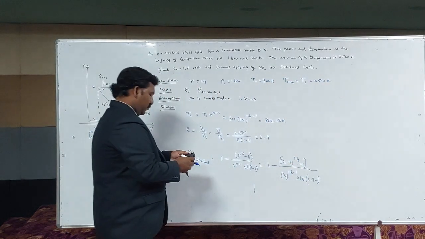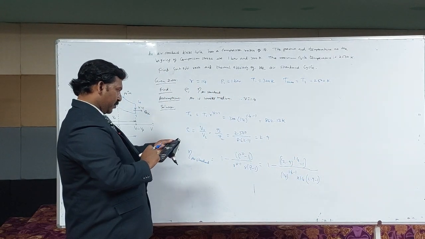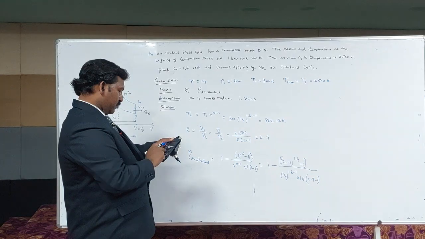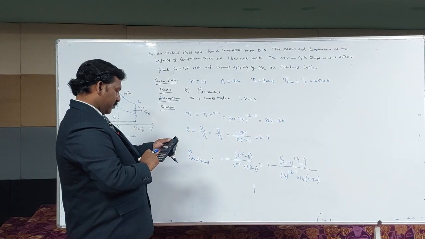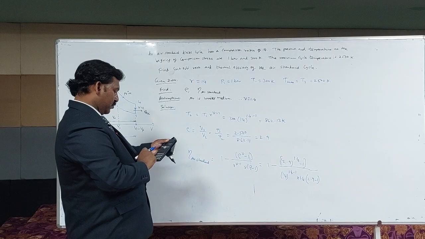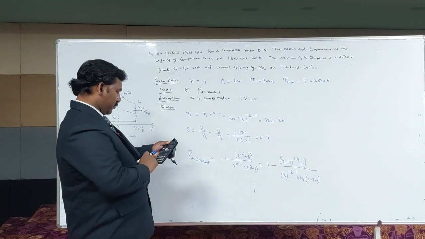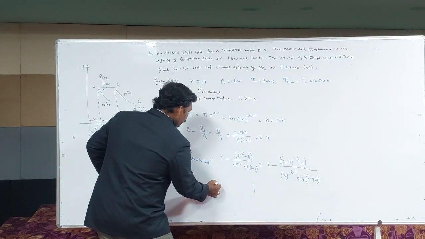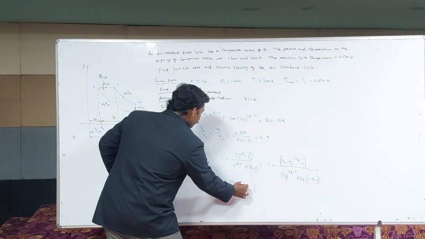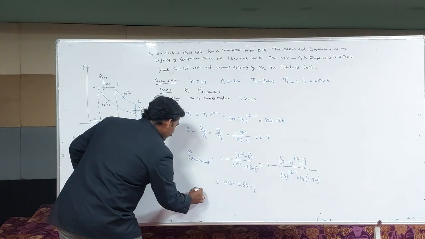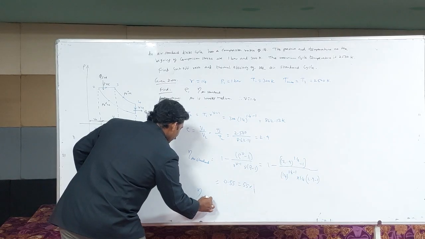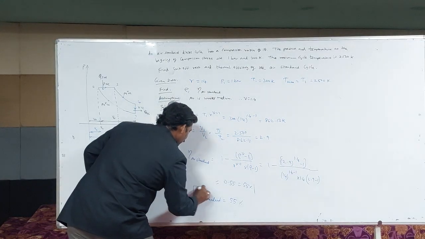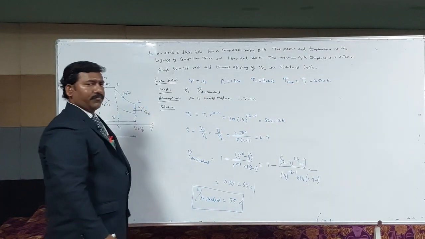So 2.9 power 0.4 divided by 14 power 0.4 divided by 1.4 divided by 1.9. We get the answer 0.55, that is equal to 55%. So the efficiency of the air standard cycle is equal to 55%.